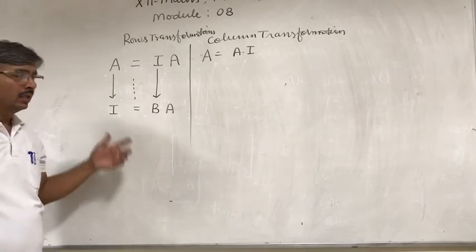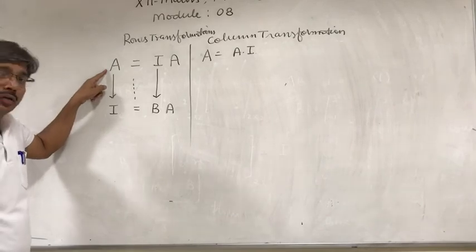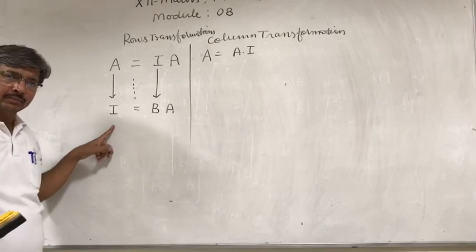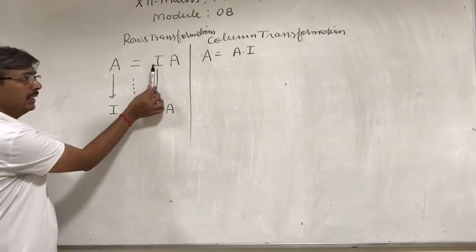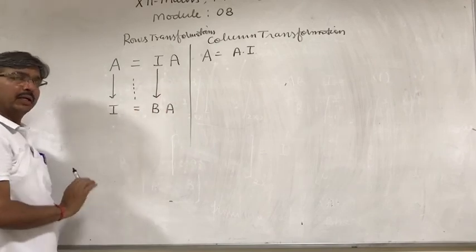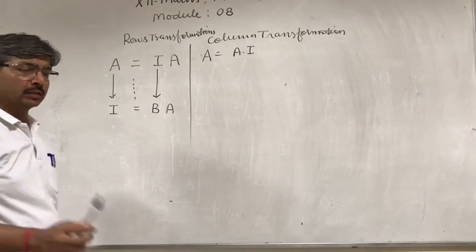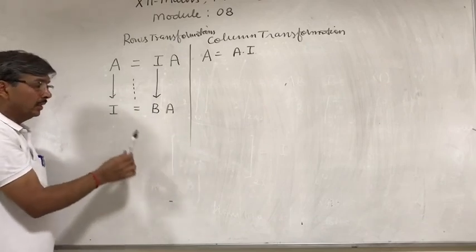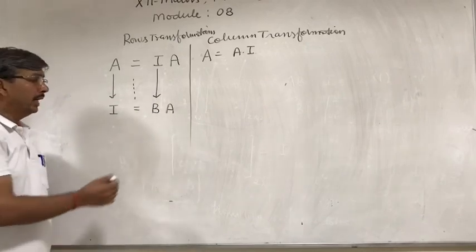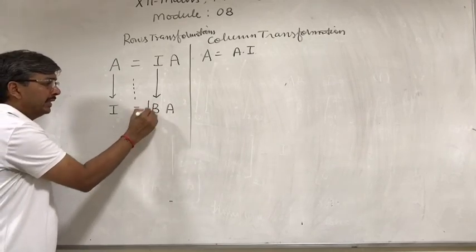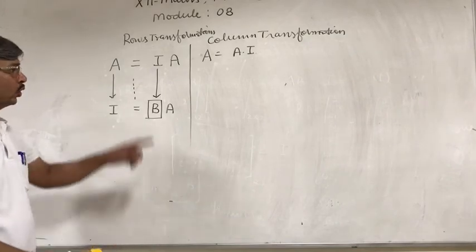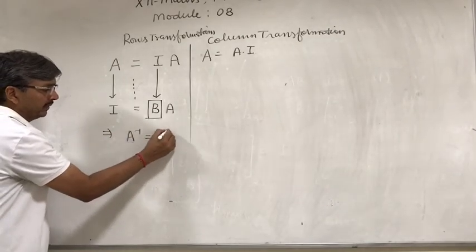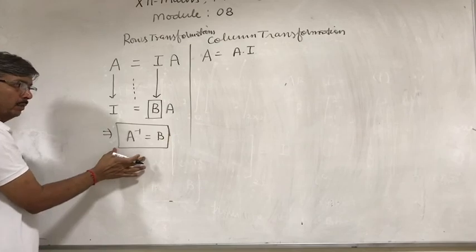In other words, we will convert this matrix A into I, and the same operations will be applied in the right hand side matrix, till we get I equal to B. And now our question will be complete, and this B is the inverse of A, and here we will write that A inverse equal to B. Our question will be complete here.